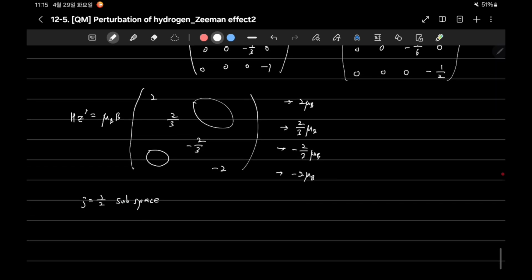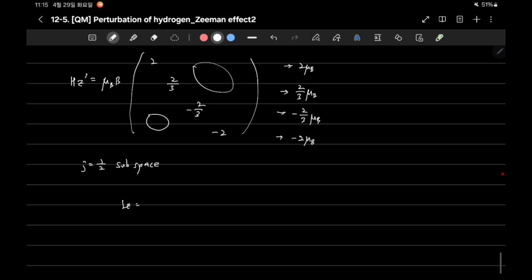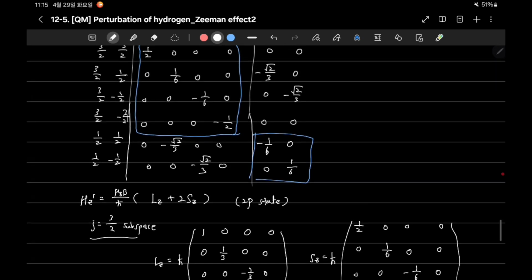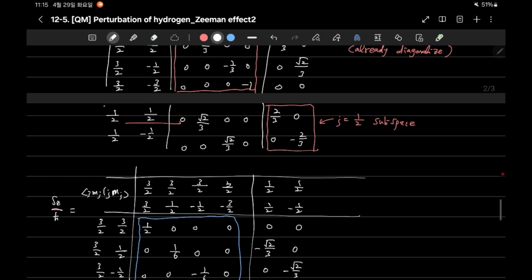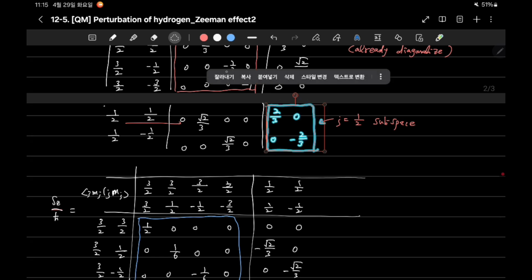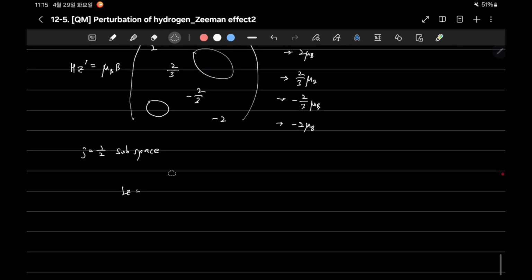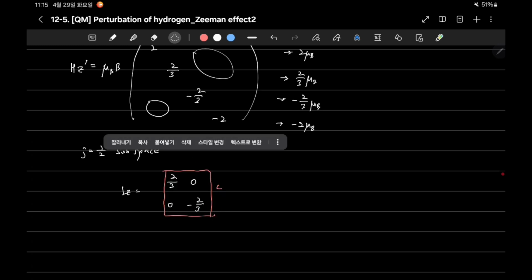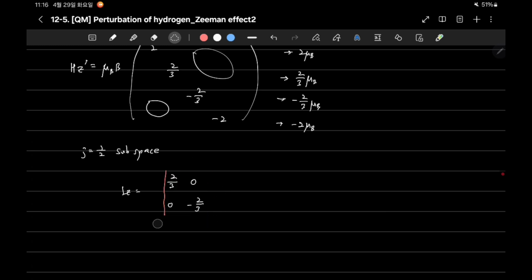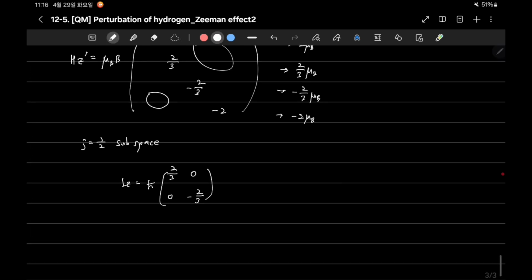And there is another one, which is the 1/2 subspace. In the 1/2 subspace, LG h bar and SG h bar.